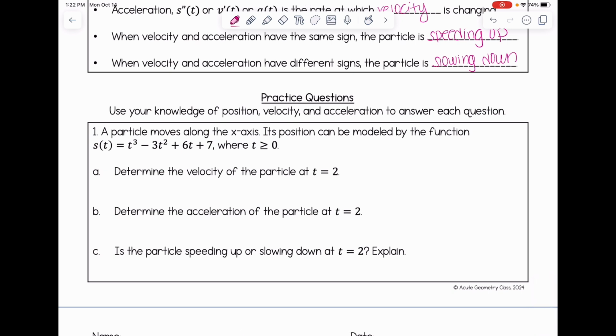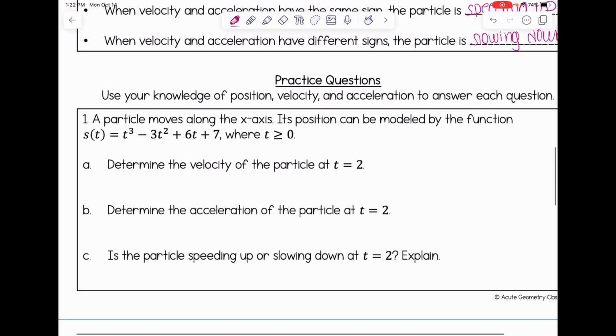A particle moves along the x-axis. Its position can be modeled by the function s of t equals t cubed minus 3t squared plus 6t plus 7, where t is greater than or equal to 0. Determine the velocity of the particle at t equals 2. The derivative of position is equal to velocity, so I'm going to take the derivative of s of t.